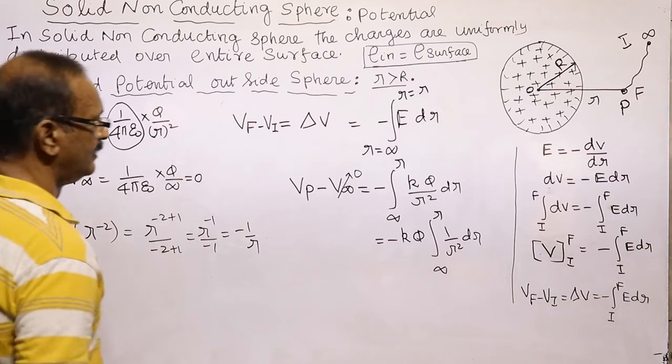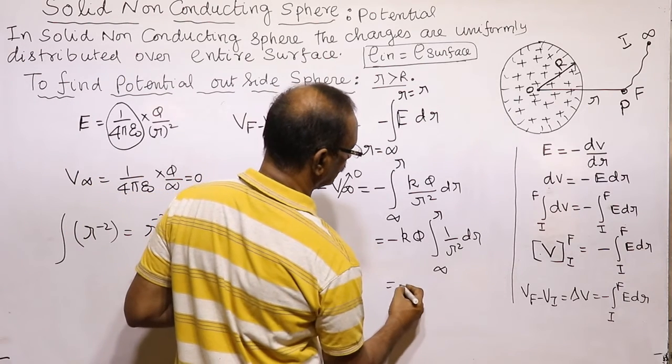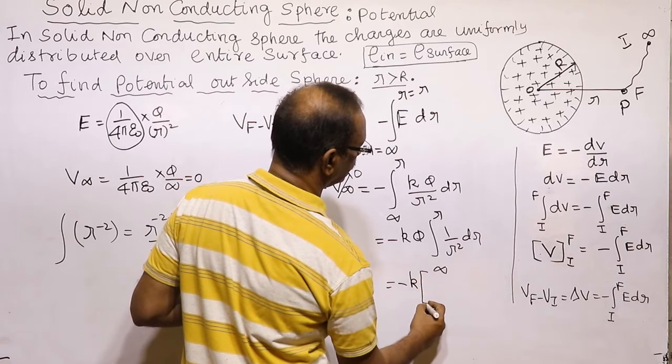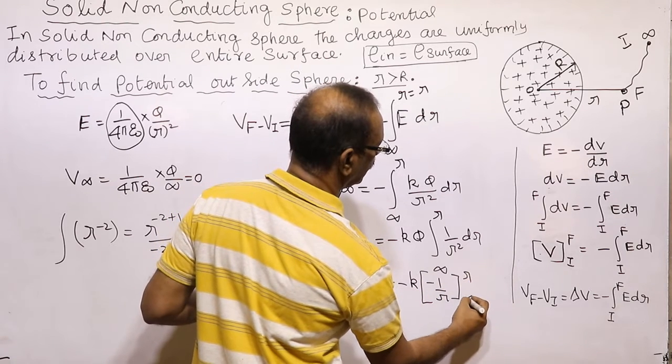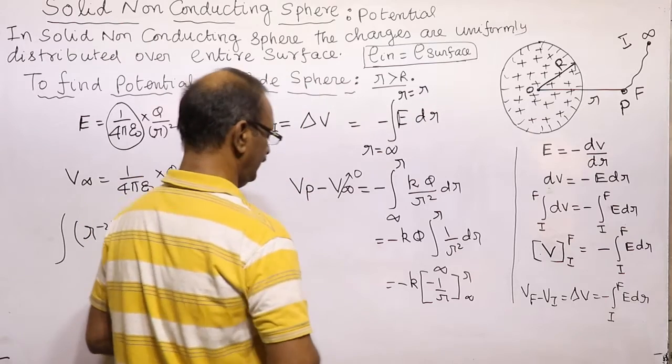So this is equal to minus K Q into minus 1 by r, applying the limits r to infinity.